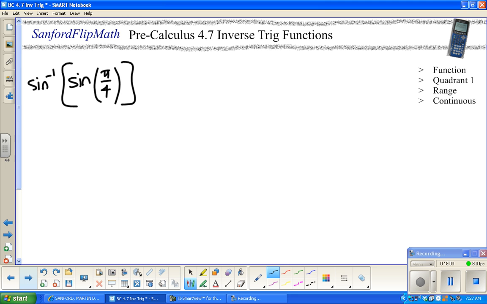Let's talk about what's really happening, and then what we can kind of get away with. The sine of pi over 4, if you think about the unit circle, is square root of 2 over 2. So that is the value for this.